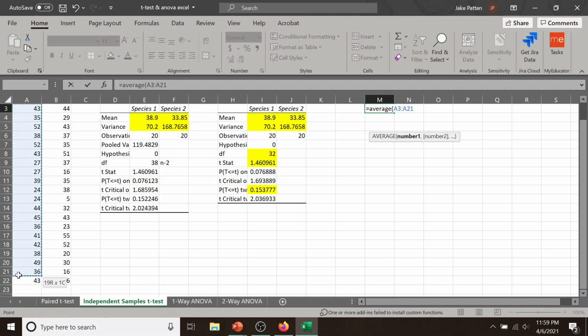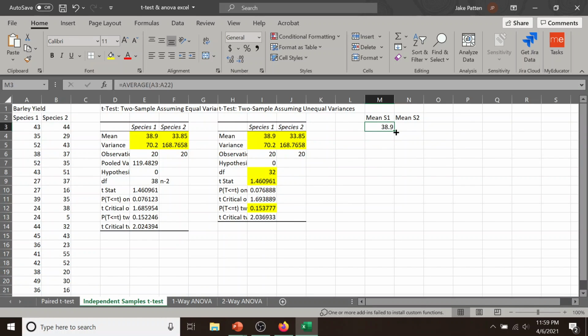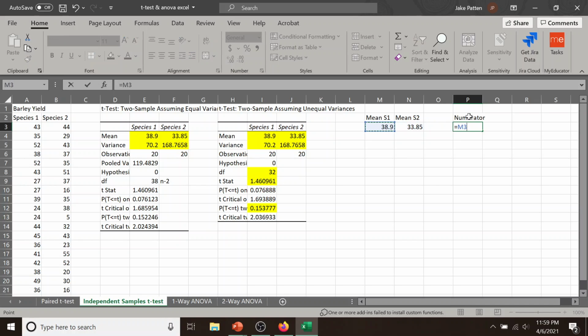I'm going to take the average of species 1, and we can just slide that over with the fill handle, and now we have the averages for species 1 and species 2. For the numerator in our t-test, it's just the mean of group 1 minus the mean of group 2. And there we go.